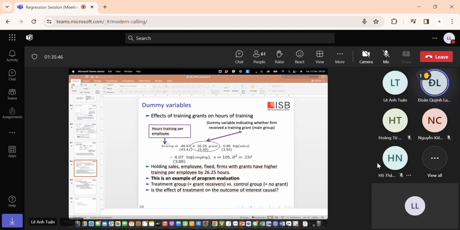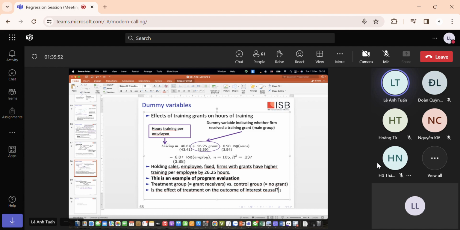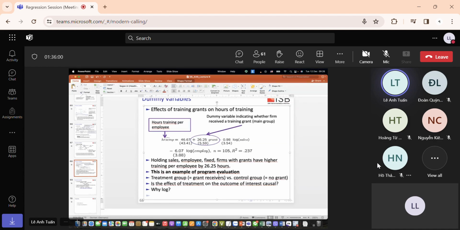Okay. Actually, there are several reasons why we need to use a log, right? In the model, sometimes you see that they use sell, they just use the level.